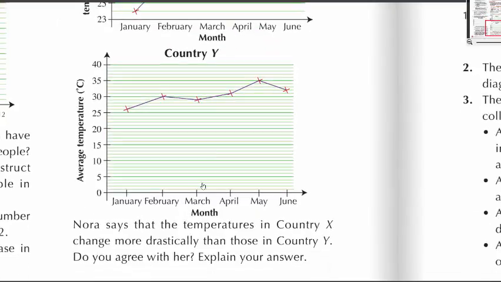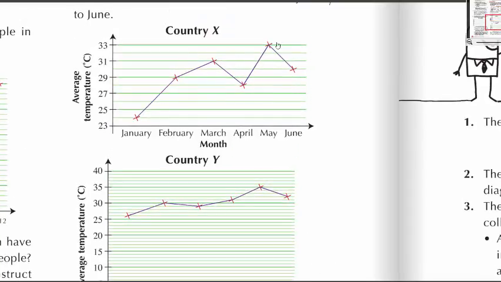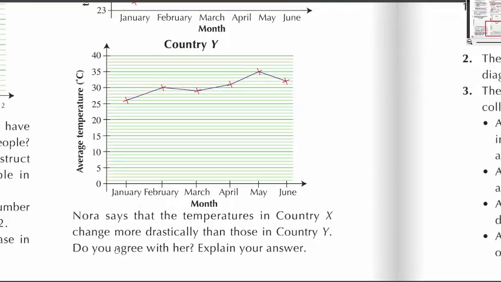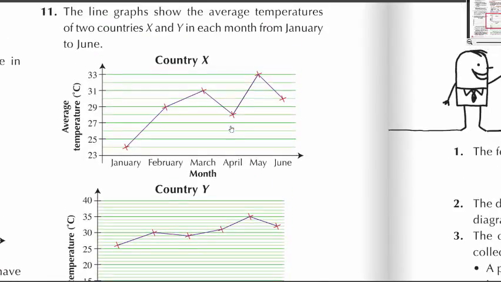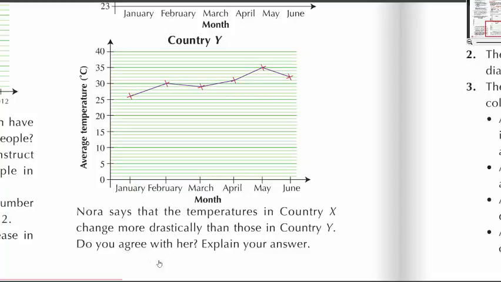So the conclusion is Nora says that the temperature in country X, because of the large wave, change more drastically than those temperatures in country Y, right? Because the swing here is less, so she concludes that here the temperatures just change more drastically than the temperatures here. So asking whether you agree with her. And then of course you have to explain your answers.